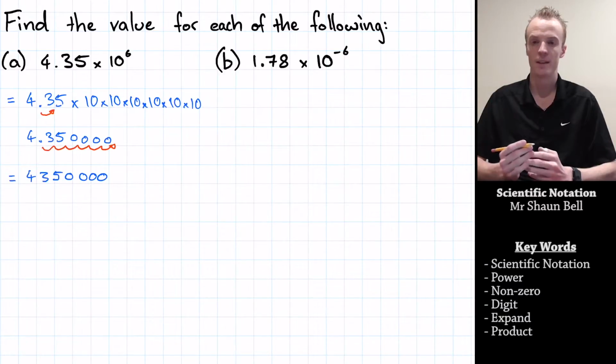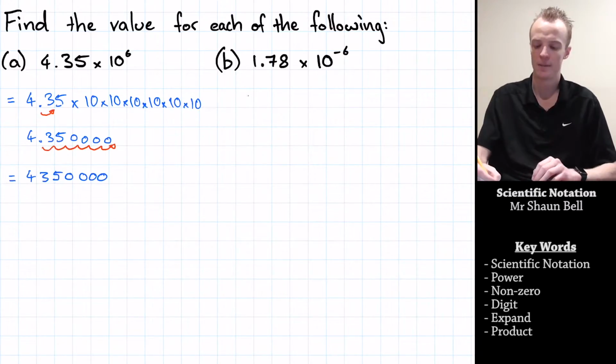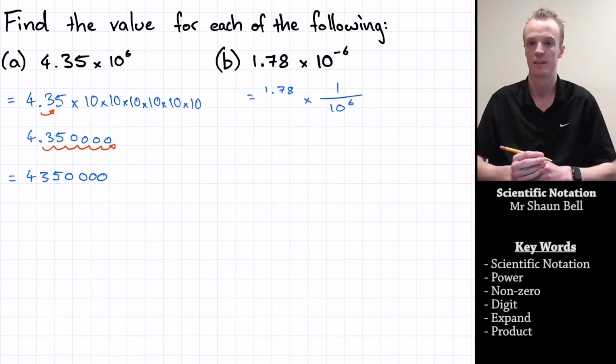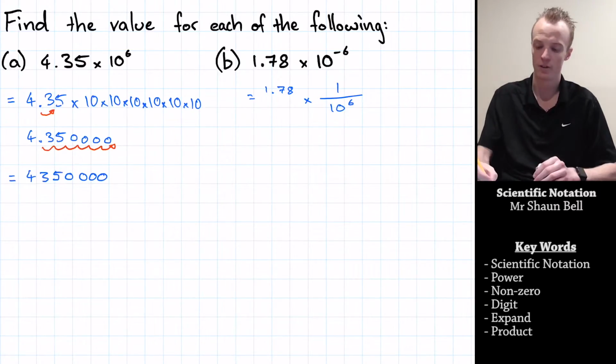So let's try with the number on the right. Here we've got 1.78 times 10 to the power of negative 6. If we were to expand this out, this is the same as saying 1.78 times 1 over 10 to the power of positive 6. Now to multiply fractions, we've got to represent the 1.78 as a fraction, and we multiply the numerators and the denominators together.